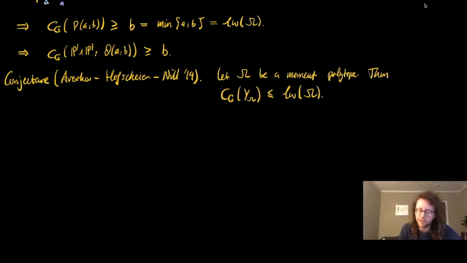In particular, this would imply immediately that the Gromov width of P1 cross P1 with O(a,b) is actually equal to b. But that's also something you can just check directly. So this is our conjectured relationship between the two widths that I've introduced: this combinatorial width and the symplectic width, but of this algebraic space.